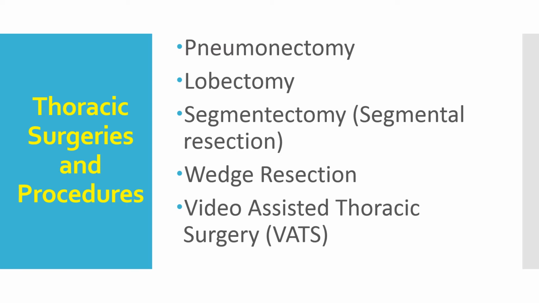In a segmentectomy or segmental resection, single segments of the lung are removed. Care is used to preserve as much healthy and functional lung tissue as possible. For a wedge resection, removal or resection of a small, well-circumscribed lesion occurs, and this procedure is performed for diagnostic lung biopsy and for the excision of small peripheral nodules.